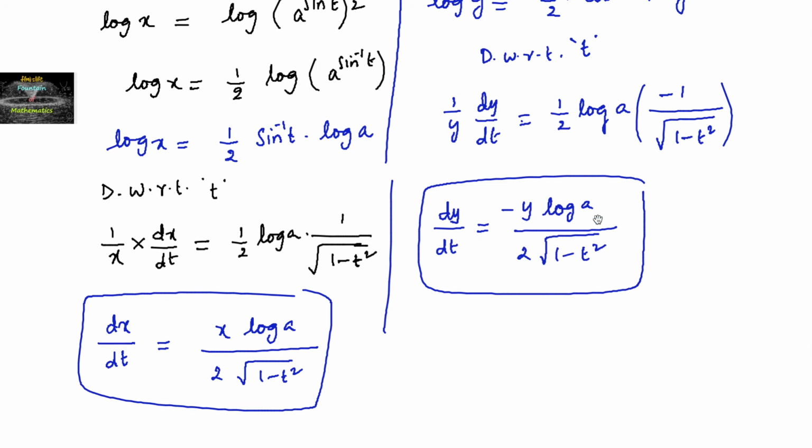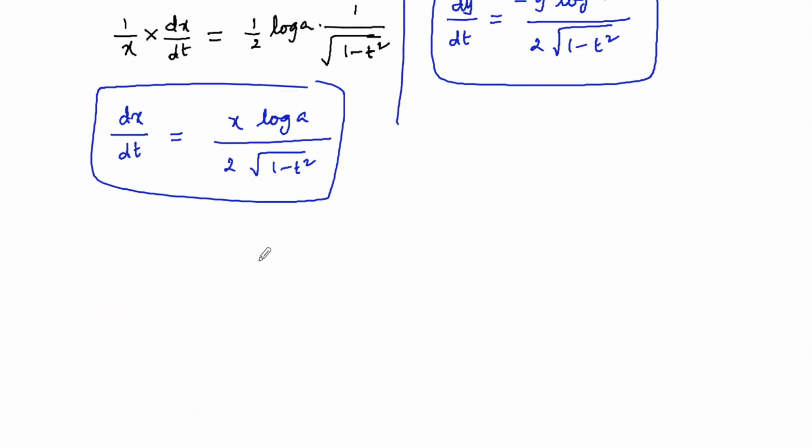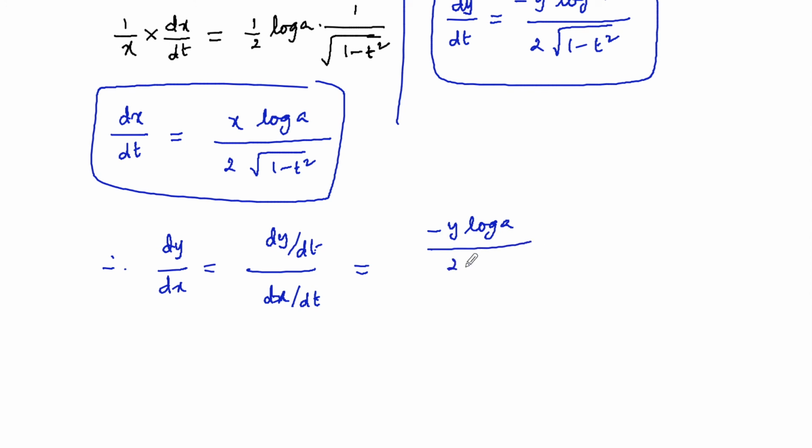And hence now dy by dx can be taken as dy by dt upon dx by dt. Which is equal to minus y times log a upon 2 times root over 1 minus t square, divided by x times log a divided by 2 times root over 1 minus t square.